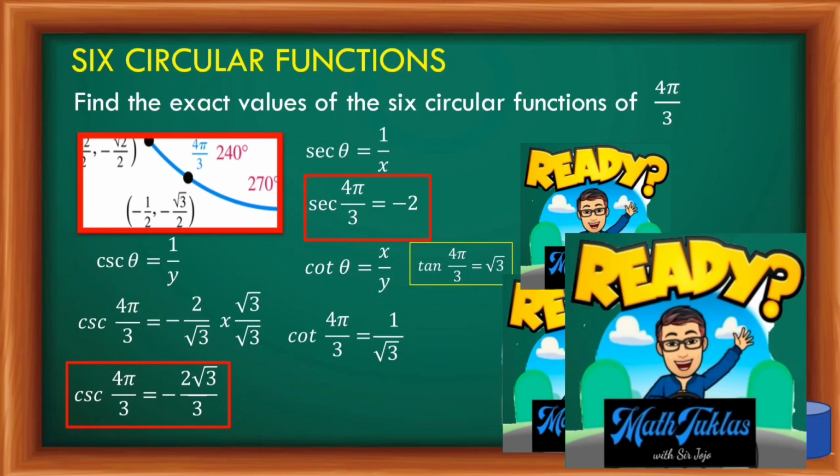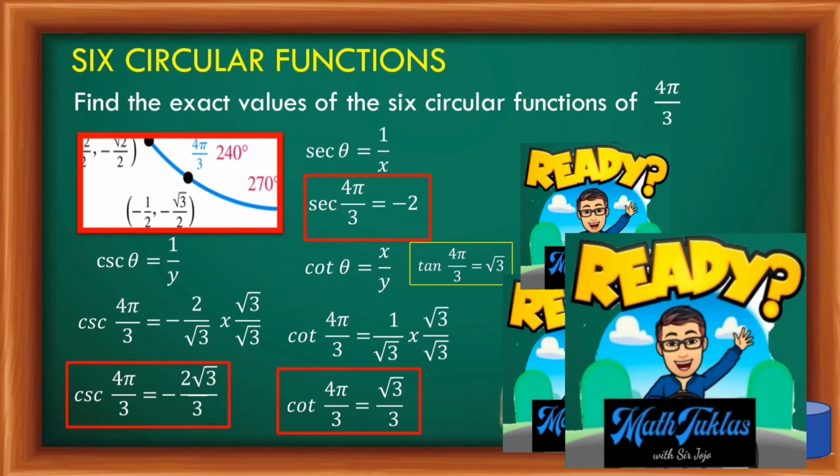Therefore, cotangent 4 pi over 3 is equal to 1 over square root of 3. Pero dapat nating i-rationalize. So, i-multiply natin sa square root of 3 over the square root of 3, both numerator and denominator. Therefore, ang magiging sagot natin ay square root of 3 over 3. So, yun ang value ng cotangent 4 pi over 3.